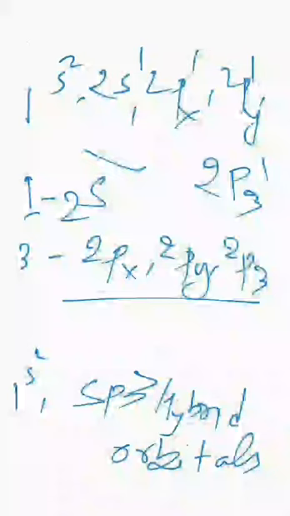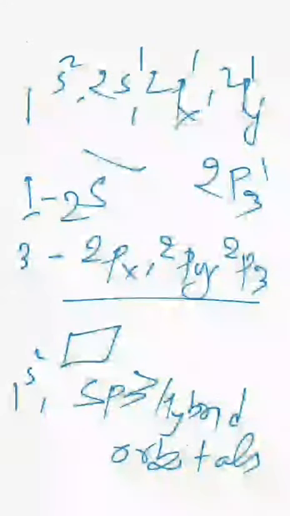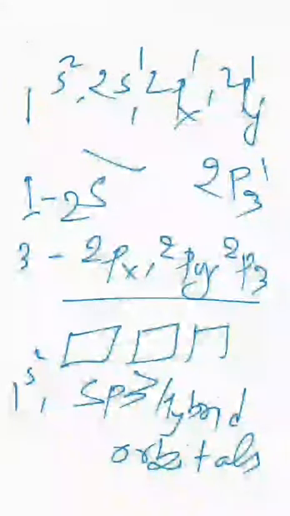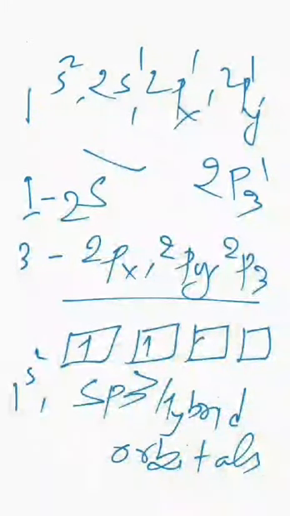So we have four sp3 hybrid orbitals, and I can show them like this. Each of the hybrid orbitals has one electron in it, like this.